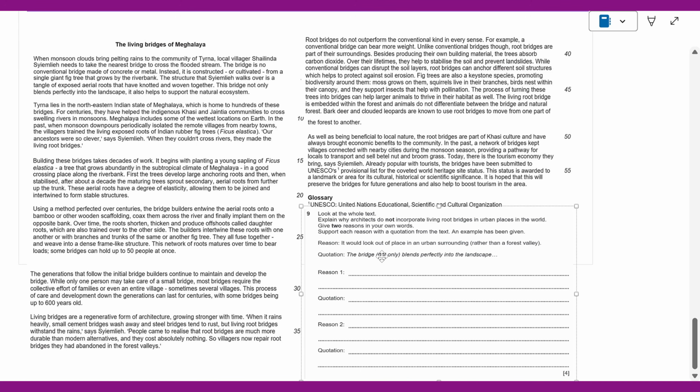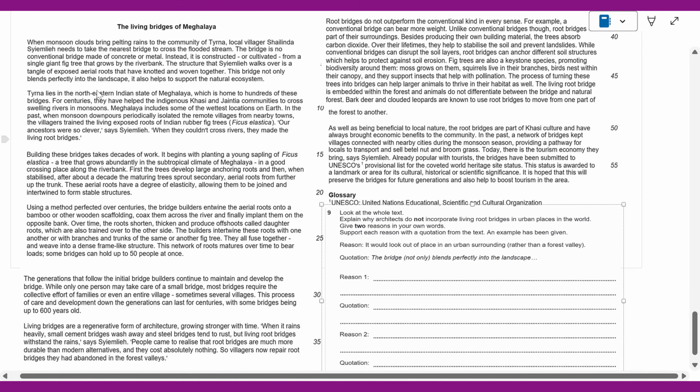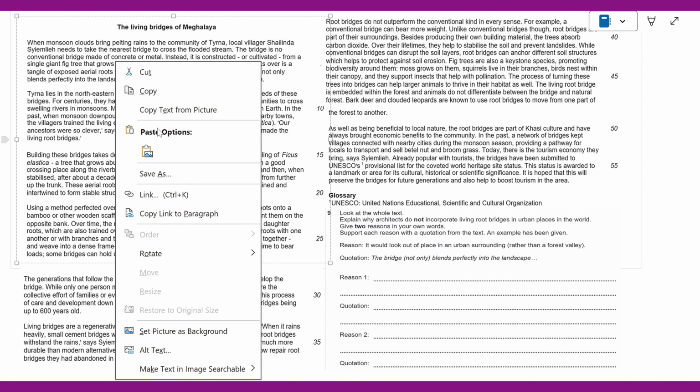Quotation: the bridge not only blends perfectly into the landscape. Now we have to give reason 1 with a quotation and reason 2 with a quotation. So 10 seconds is given for you. Just skim from the text here.